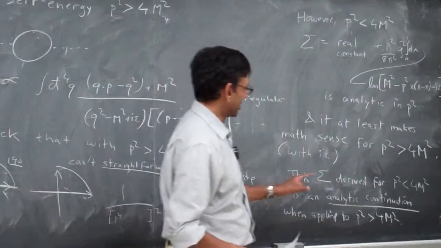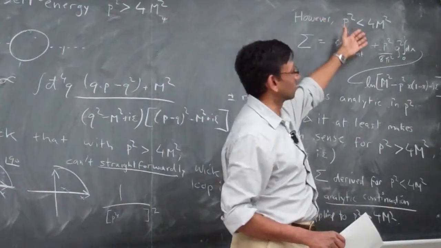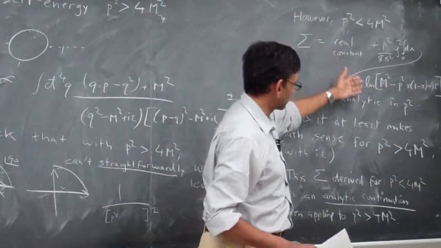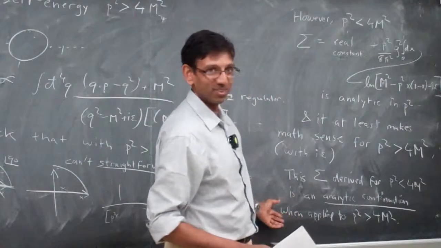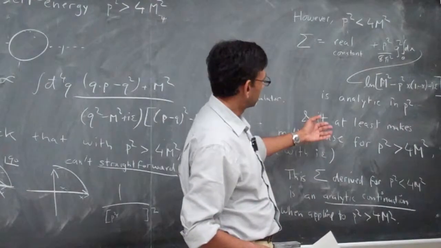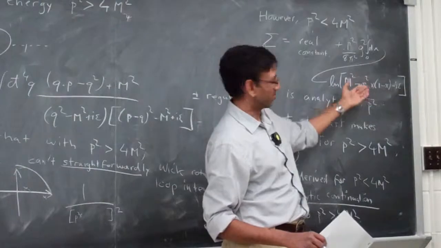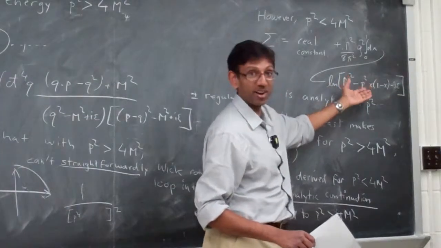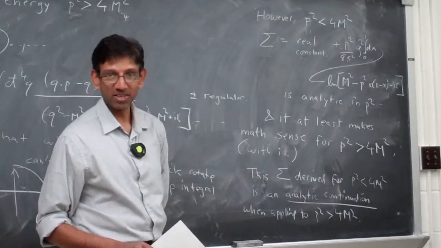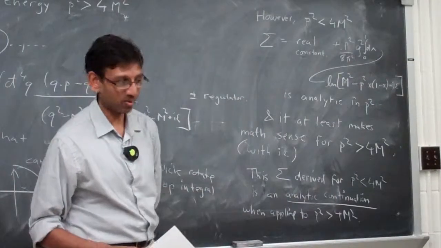The name is that if I continue to use this function, which was derived in a certain regime of p squared, if I actually use it beyond the regime in which I derived it to be correct, just because it's an analytic function and it makes simple sense to go, this is perfectly well defined for larger p squared. That's an example of an analytic continuation, of which complex functions are loaded with examples, that you've probably seen in math classes.